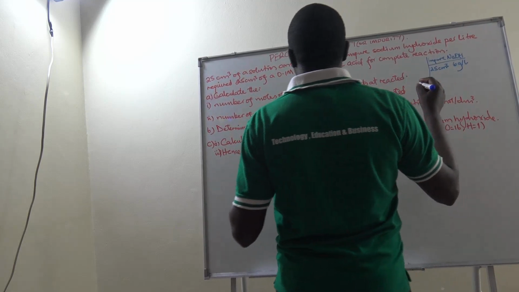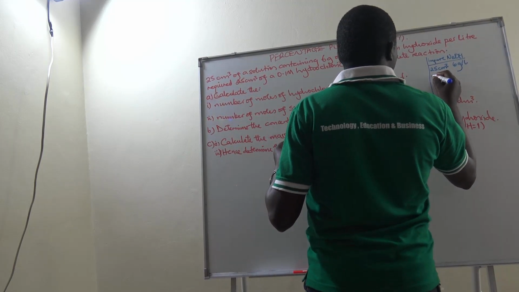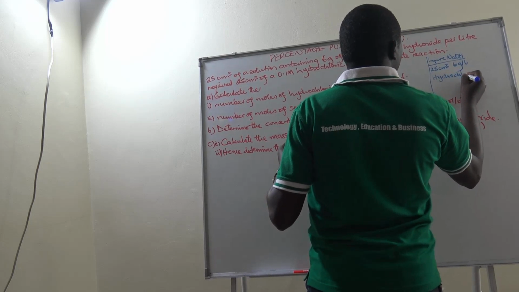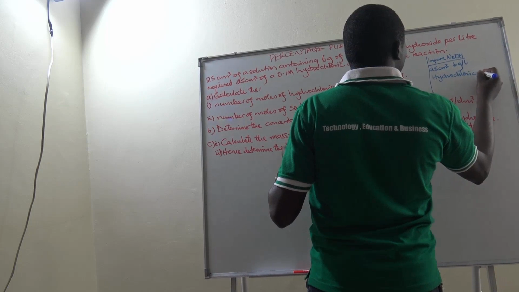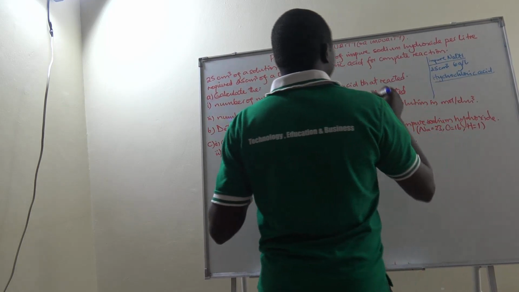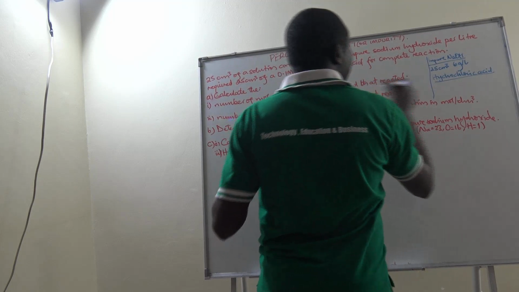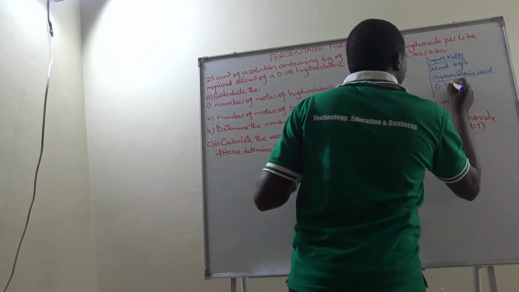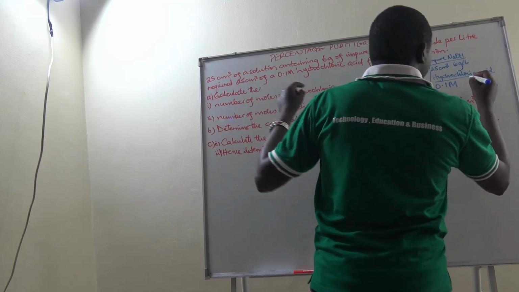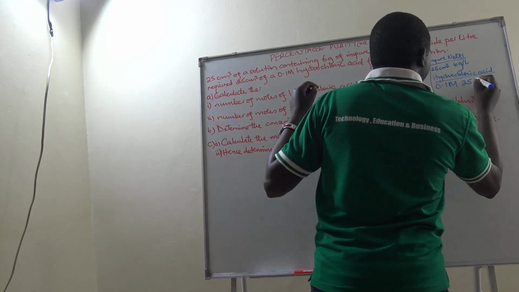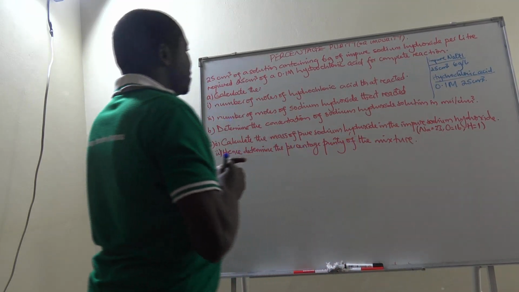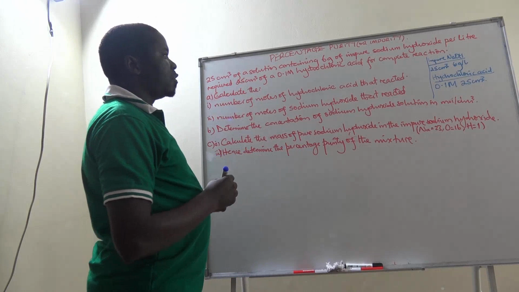Then we also have hydrochloric acid. So as for hydrochloric acid, they have told us that the molarity is 0.1 capital M, and the volume of hydrochloric acid that reacted is also 25 cubic centimeters.